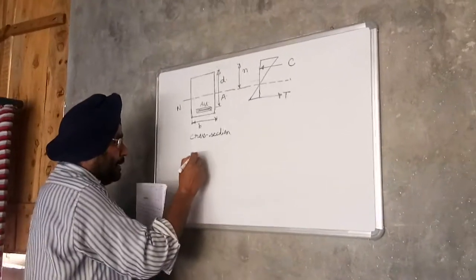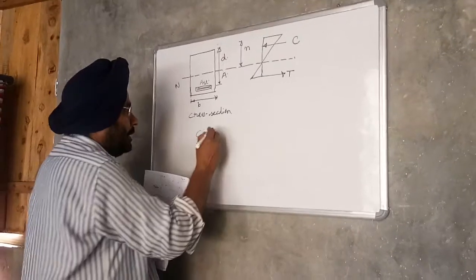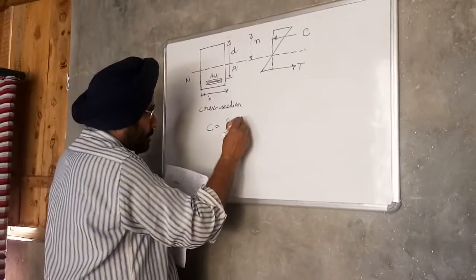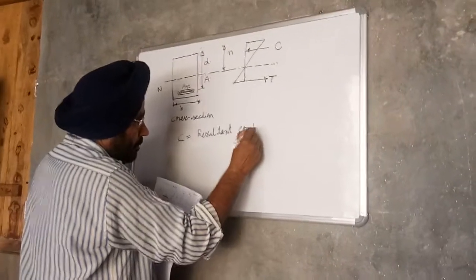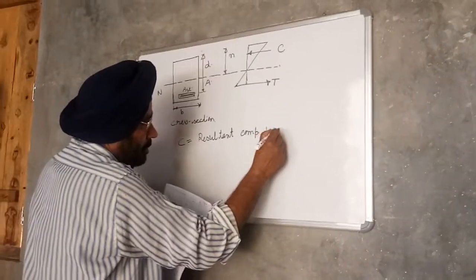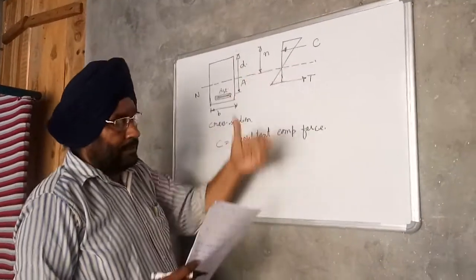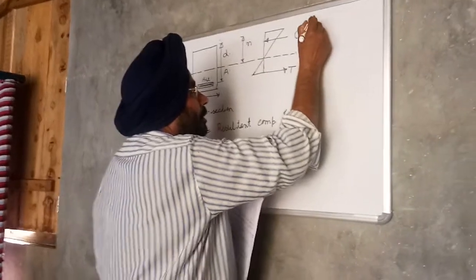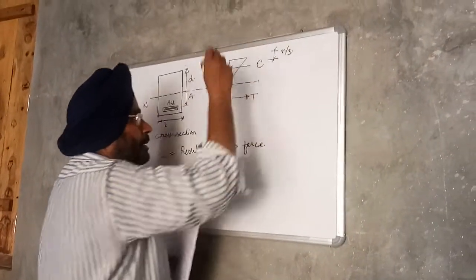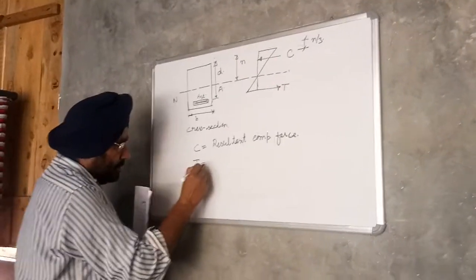So capital C is the resultant compressive force acting at the CG of the compression triangle, that is at a distance n by 3 from top, and T is the resultant tensile force.